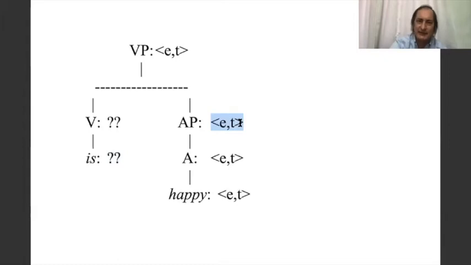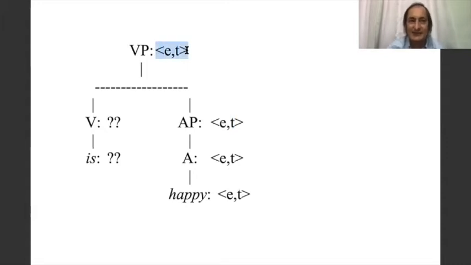AP. That is, we could take the AP to be the function. It requires a type E, so we could think that maybe that would be type E. But that doesn't work because an AP that takes an E-type expression gives back a T-type expression, and the verb phrase is not a T-type expression.